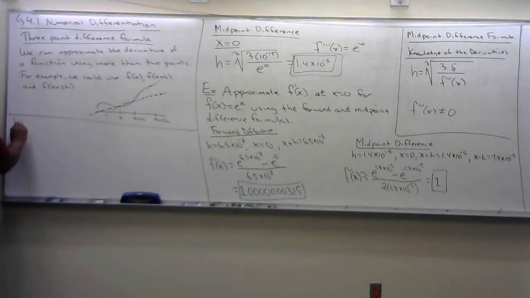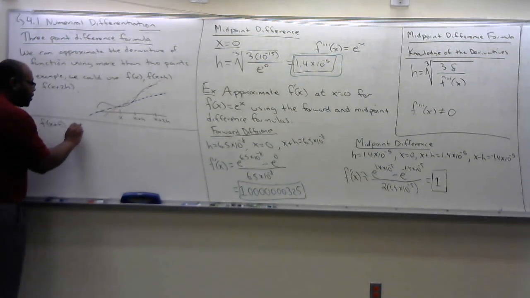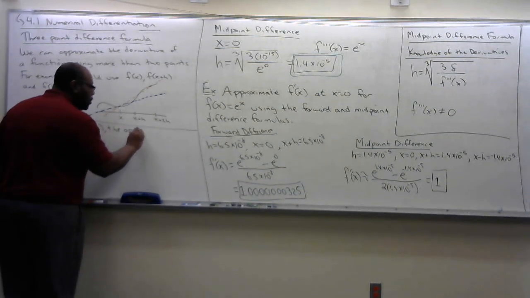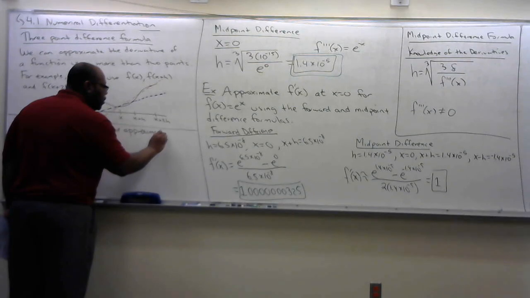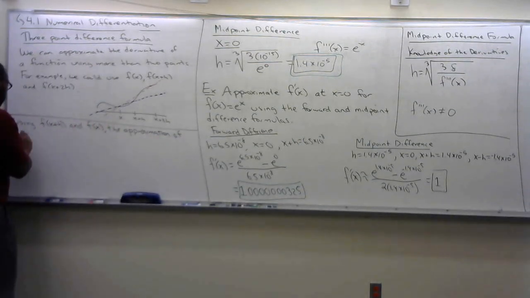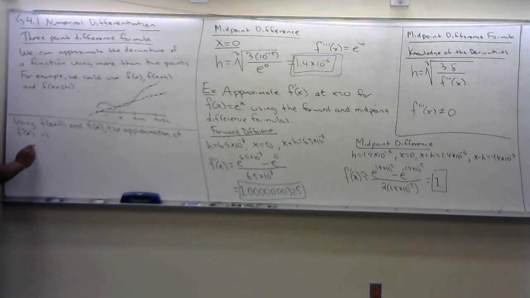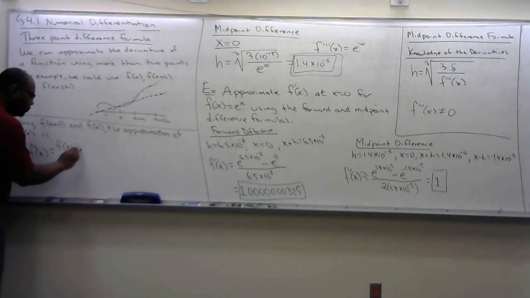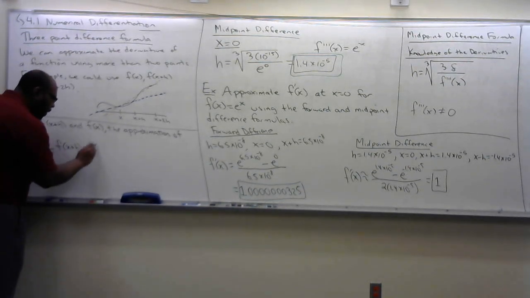Using f of x plus h and f of x, the approximation of f prime of x is, now I'm just going to write out the entire Taylor series, because I want to talk about the error: f prime of x is equal to f of x plus h minus f of x, all divided by h.